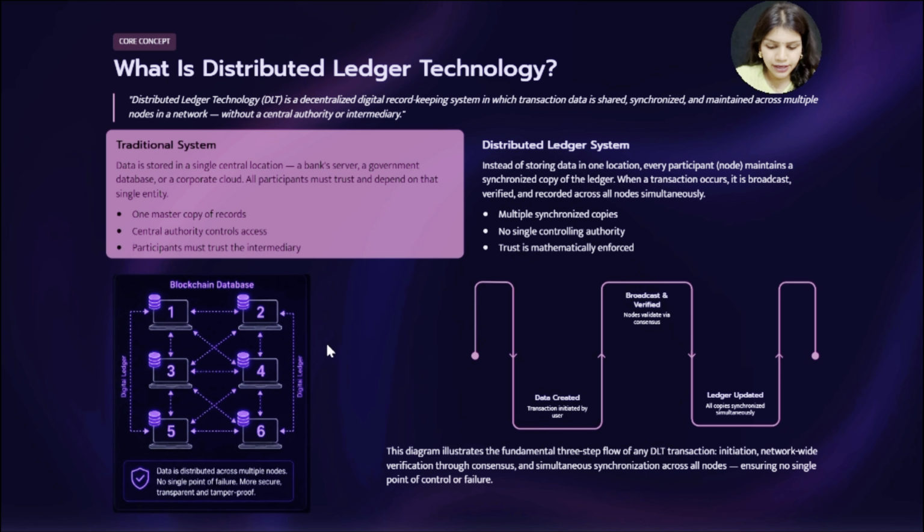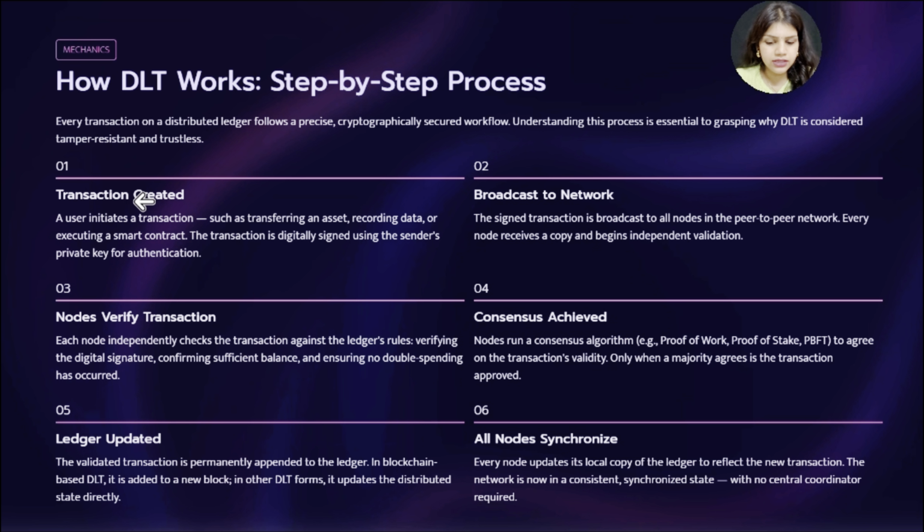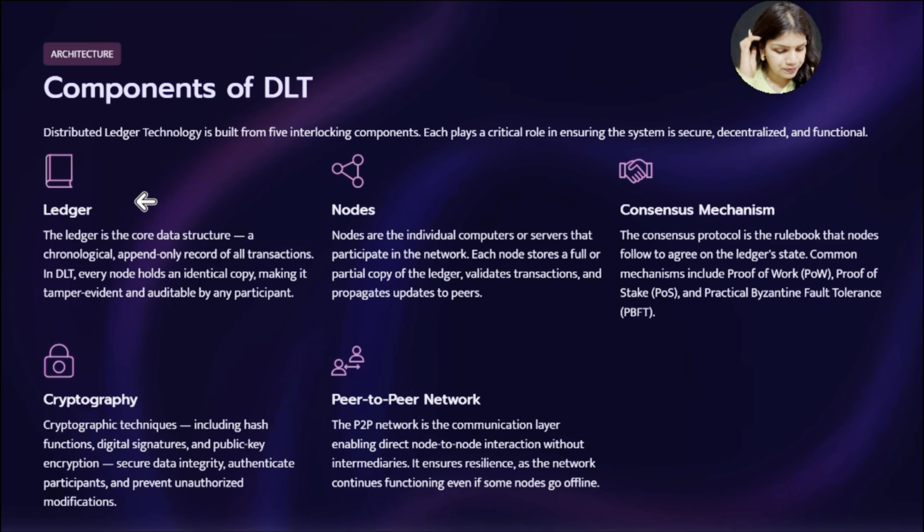Trust is mathematically enforced. Okay, this is the diagram and this is the working process. How DLT works: a transaction is created, then broadcast, then the nodes verify it, then consensus is achieved, that is validation of transactions, then the ledger is updated, and then all nodes are synchronized. Okay, these are the components: ledger, nodes, consensus mechanism, cryptography, peer-to-peer network.